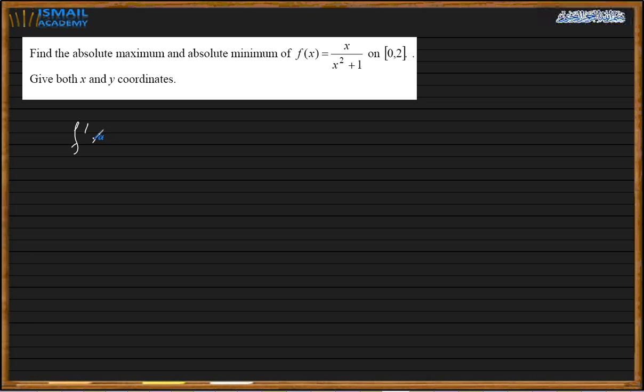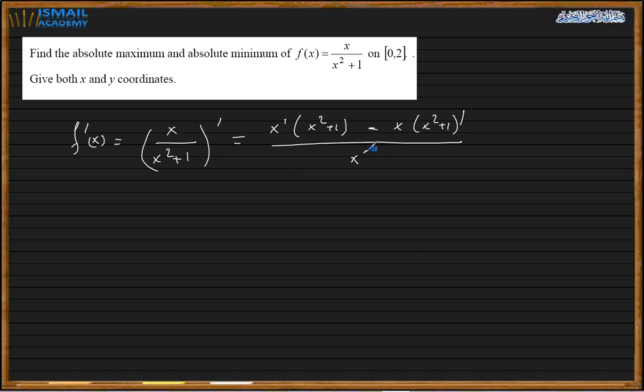So f prime of x over x squared plus 1 uses the quotient rule: x prime times (x squared plus 1) minus x times (x squared plus 1) prime, over (x squared plus 1) squared. Which means I will have x squared plus 1 minus 2x squared, because 2x times x is 2x squared, over (x squared plus 1) squared.